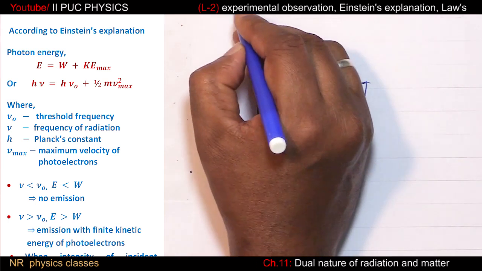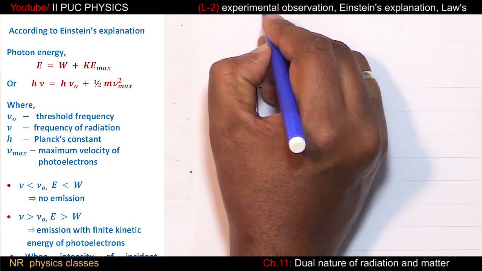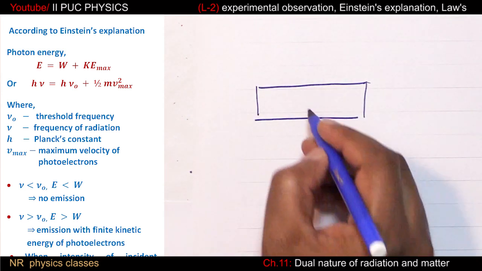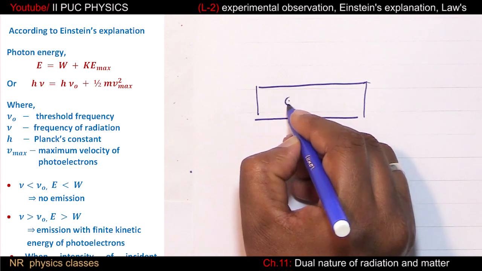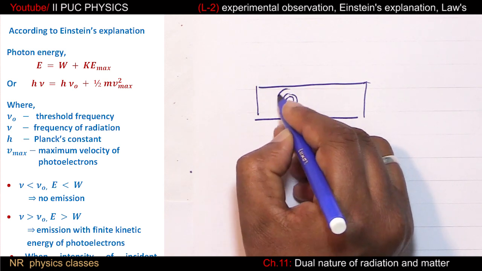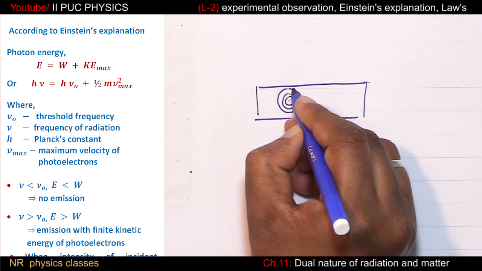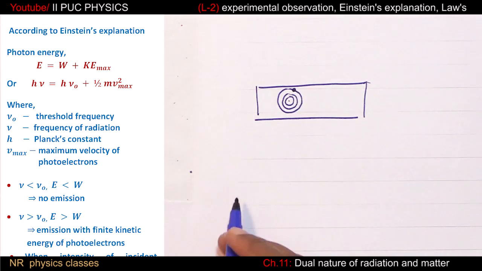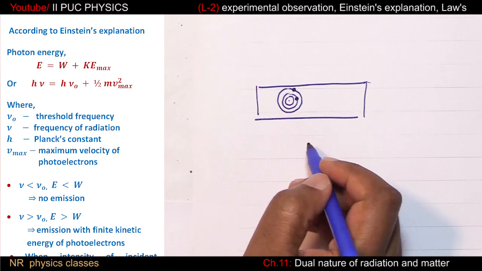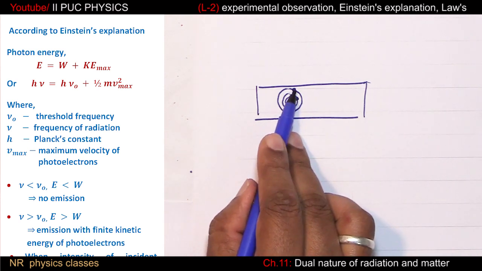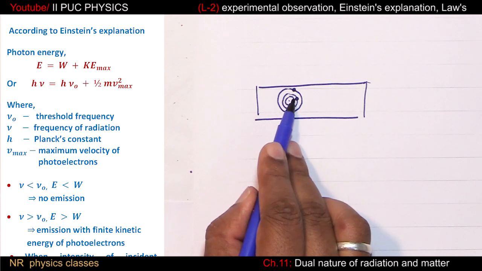I am trying to explain maximum kinetic energy. This is a metal atom. There are electrons in different orbits, and this is the electron in the outermost orbit. This is an electron in one of the inner orbits. This outermost electron is loosely bound.